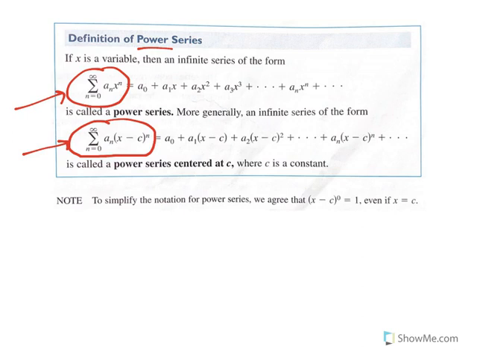We'll be looking at more of these concepts as we continue to close out chapter 9. So here we have a power series centered at 0. Here we have a power series centered at c.